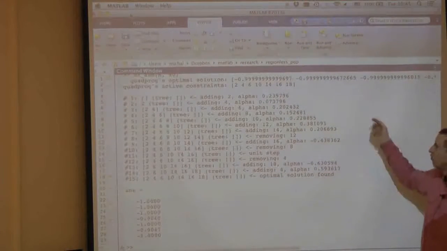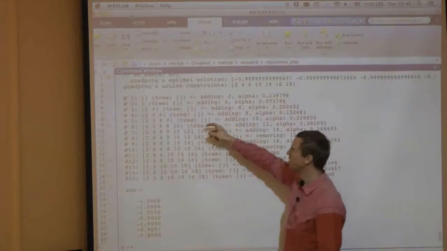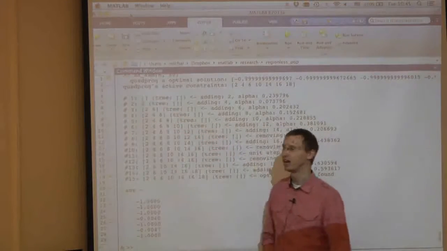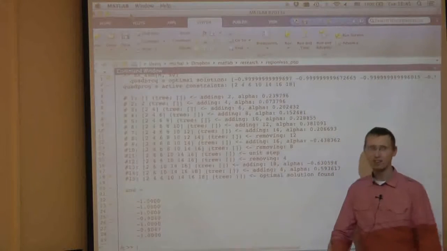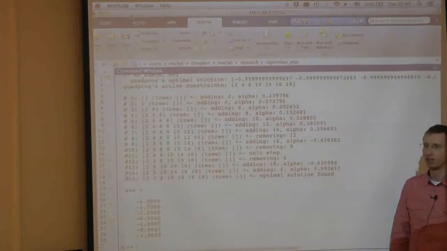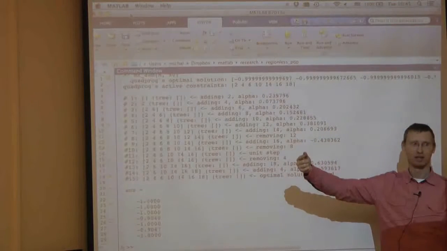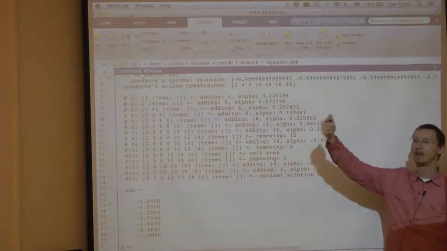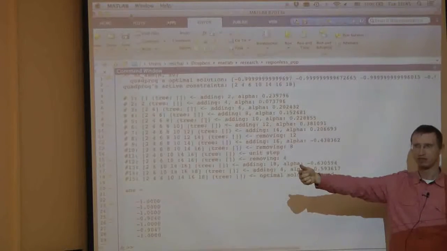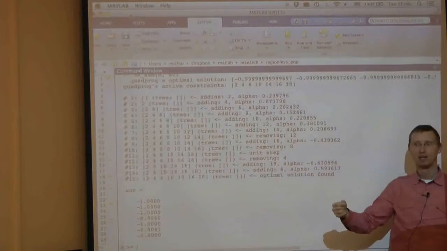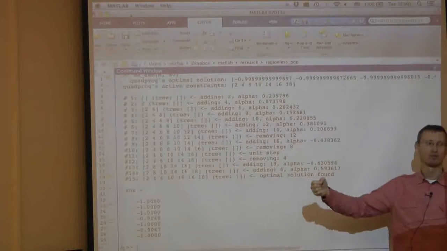Okay? So how do we start this? We start with an empty active set, and we solve that system of linear equations. We find out that there is an improving direction, but we cannot go all the way in the direction with step length equal to 1 because we would violate some constraints.